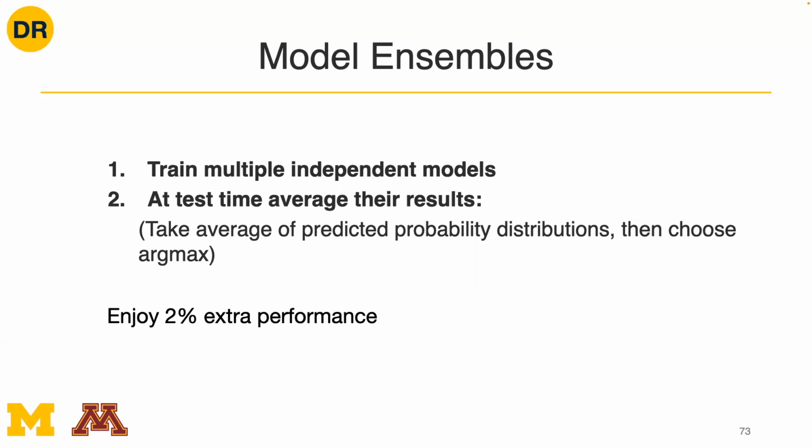Model ensembling is a fascinating idea which is used pretty extensively in machine learning, where it turns out that combining independently trained classifiers can actually boost the final performance if you combine their decisions.